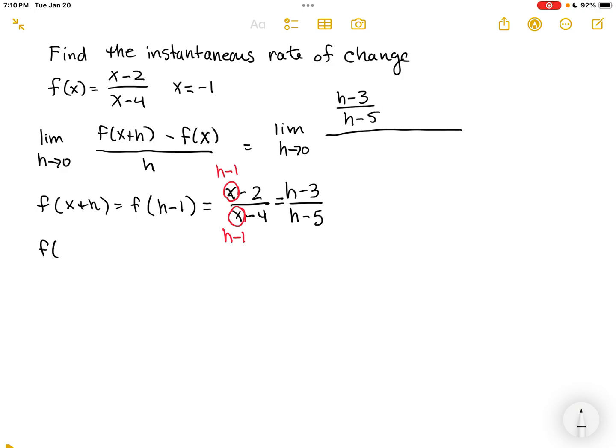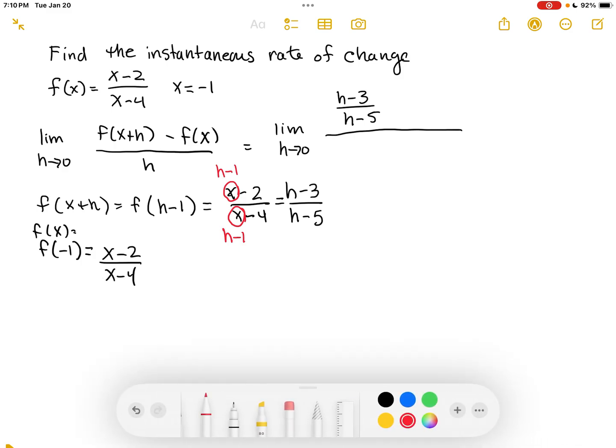Now let's find f of negative 1, which was f of x. We're replacing x with negative 1 because we're evaluating it at negative 1. So I have (x - 2)/(x - 4), and I'm going to replace the x with negative 1.